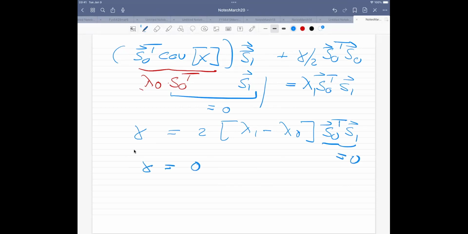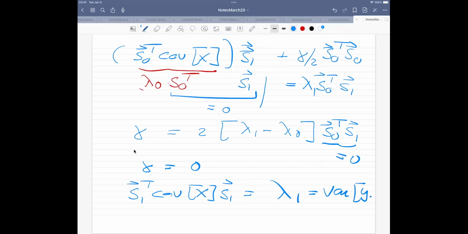And then I multiply with S1 transpose and the covariance matrix of X, S1, and this is equal to lambda 1, which is the variance which we called Y of vector 1 here, the one component. So this is again the second largest variance. So now I have the two vectors which are going hopefully to optimize even better the reconstruction error.